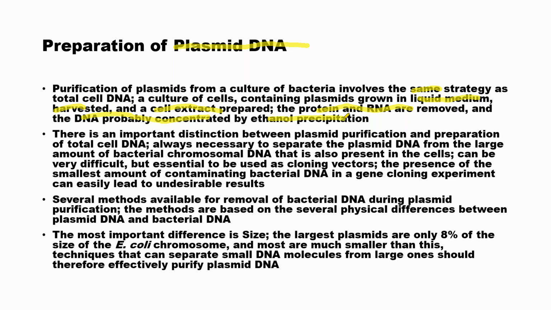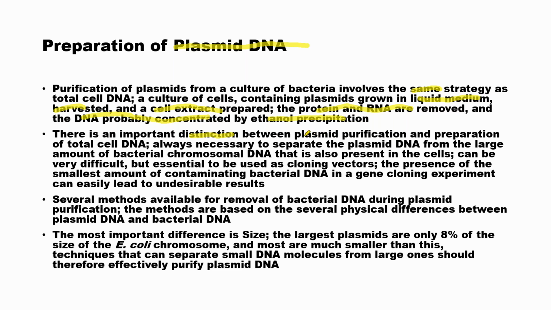Here we have to make sure the DNA which we concentrate is plasmid DNA, not chromosomal DNA, because if there is any chromosomal contamination in the plasmid DNA preparation, then our recombinant DNA experiment will be a great failure.